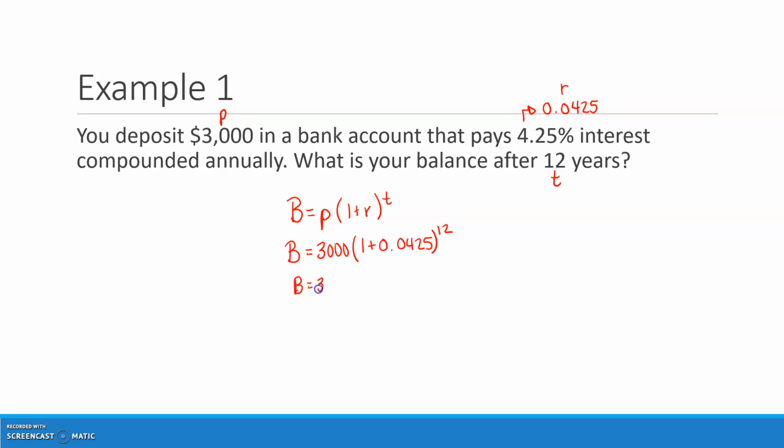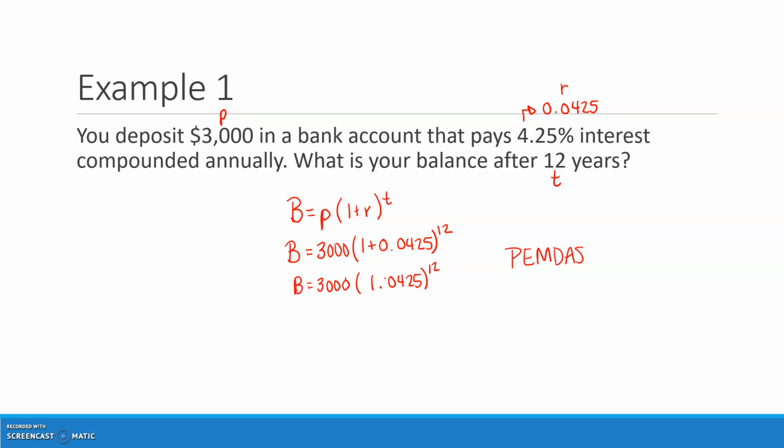So I'm going to keep this 3,000, and my order of operations, or PEMDAS, says to take care of what's in parentheses first. So if I add these together, I'm going to get 1 plus 0.0425 to the 12th power. Oh, sorry. When I add those together, it should just be 1.0425.